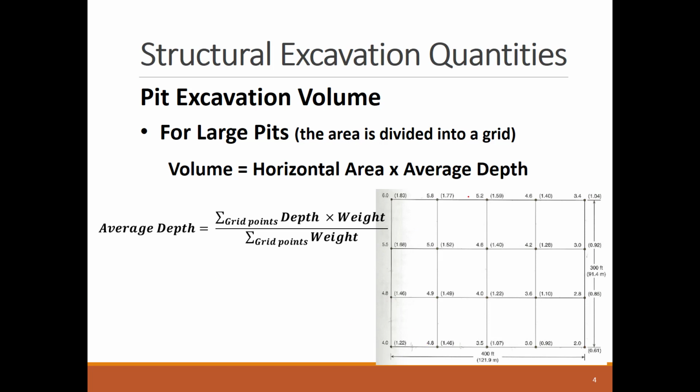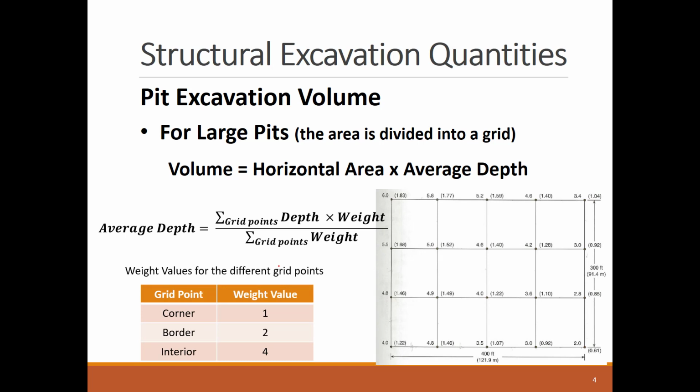The border grid points have a weight of 2 and the middle points have a weight of 4. The weighted average depth formula then sums up the multiplication of the depth and weight of each grid point and divides the result by the sum of all weights. An exercise in this volume calculation is shown in another video.